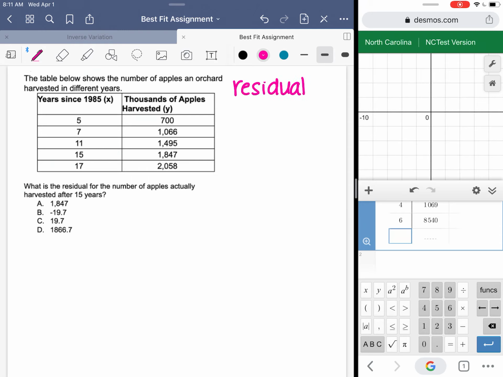So residuals, let's remind ourselves what a residual is. A residual is equal to the actual Y value minus the predicted Y value.